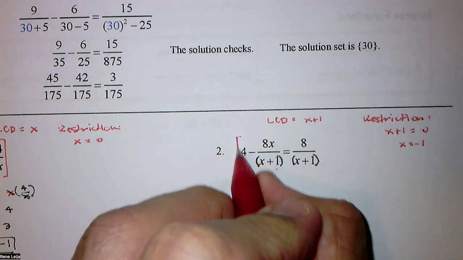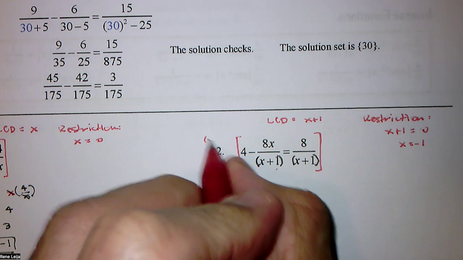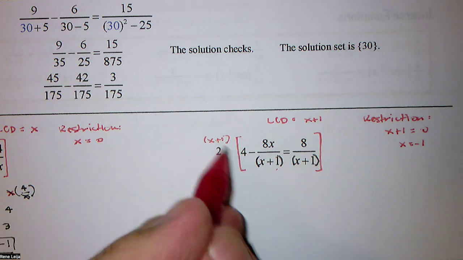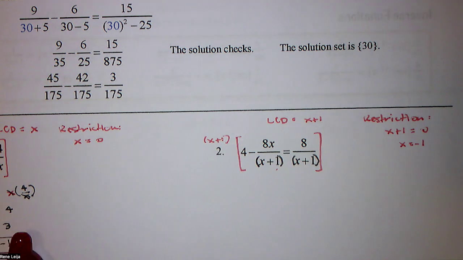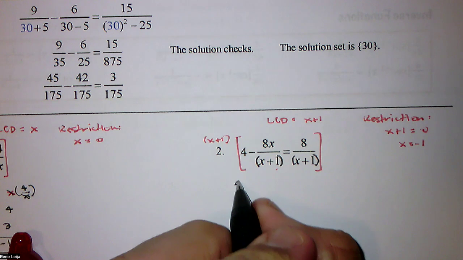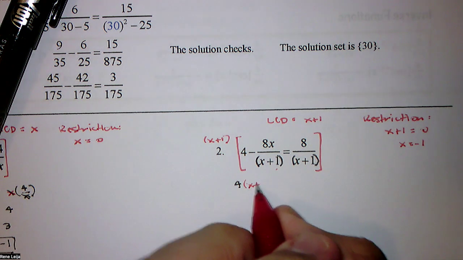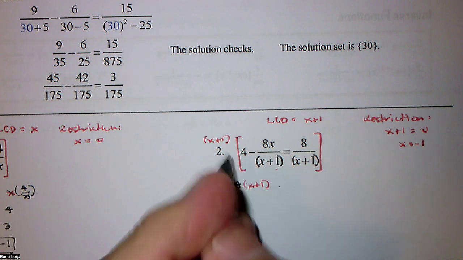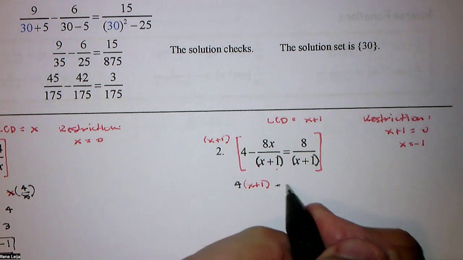So I'm going to multiply the entire equation through by x plus 1. Now, when I distribute the x plus 1 to the 4, we're going to get 4 times x plus 1 minus, when I distribute to the second term, the x plus 1s are going to go away.